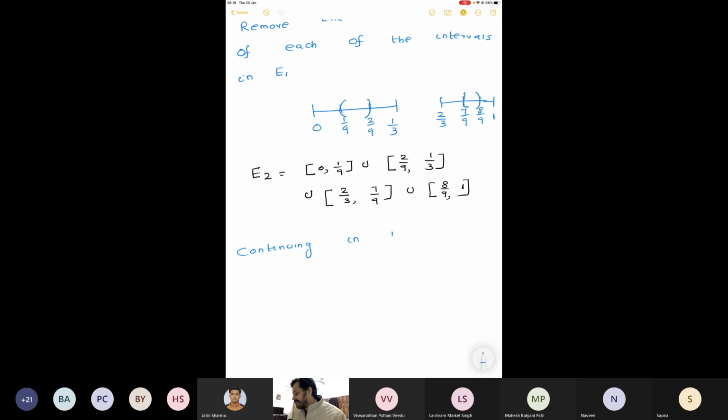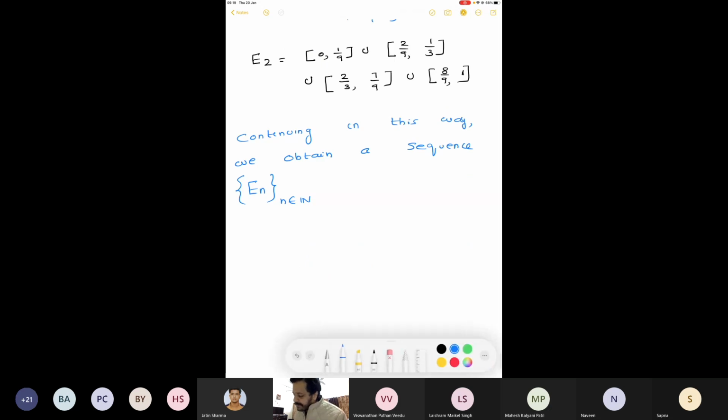Continuing in this way, we obtain a sequence of sets En, n in N. What are the properties? Let me write one property. E1 contains E2, contains E3, and so on. So it is a monotonically decreasing sequence of sets.